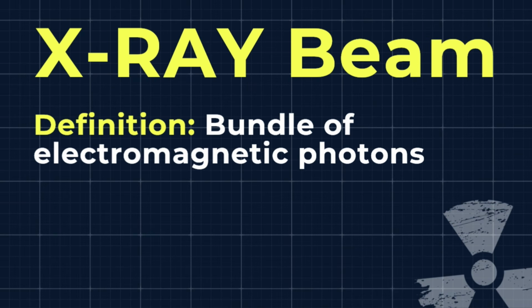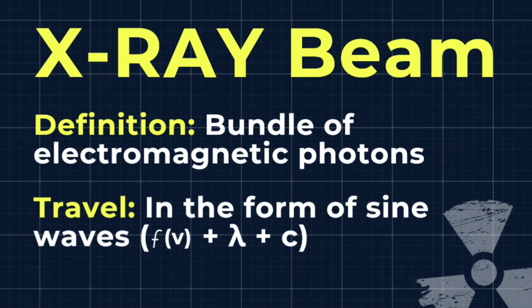Okay, so far, number one, we said that an X-ray beam was a bundle of electromagnetic photons, right? That bundle of joy that we call X-rays when high-speed electrons connect with the tungsten target of the anode inside the X-ray tube. Then number two, we talked about how these photons travel.